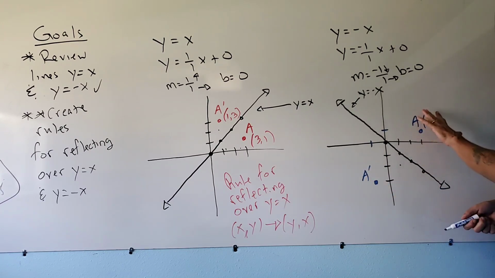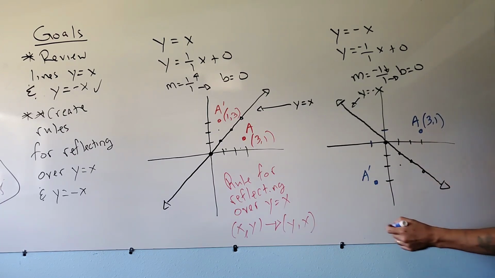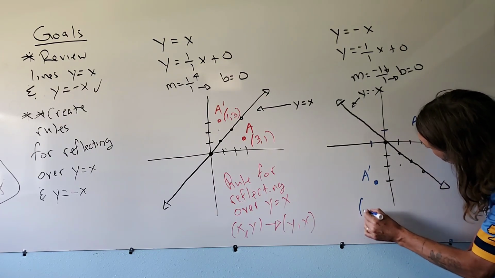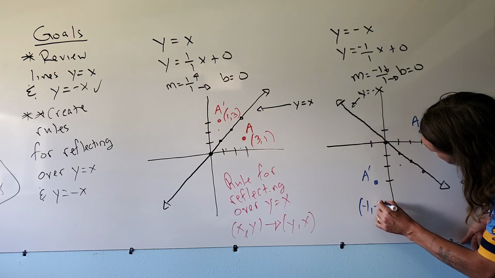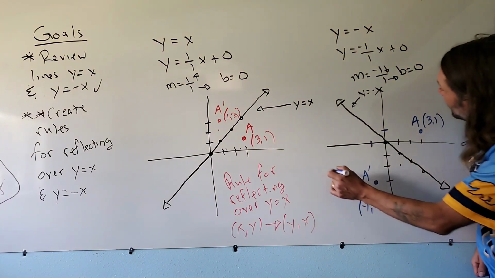So if I was to fold this over, it would land right here. And my ordered pair now becomes negative 1, negative 3. So again, we can very quickly create a rule for reflecting over y equals negative x.